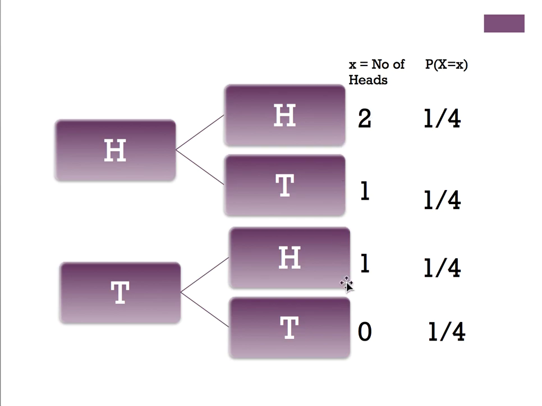So it's 1 out of the 4. The probability of x being equal to 1 is actually 1/2, 1/4 plus 1/4, because we have 2 out of the 4 outcomes. And the probability of x equals 0 is 1/4. Again, 1 out of 4.